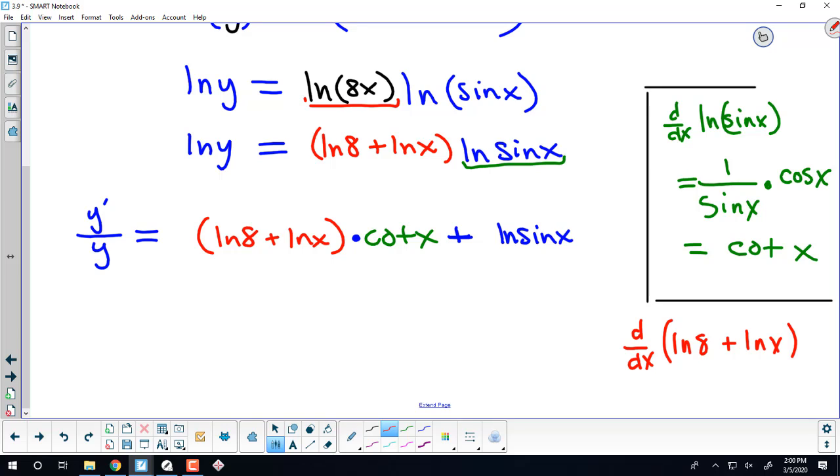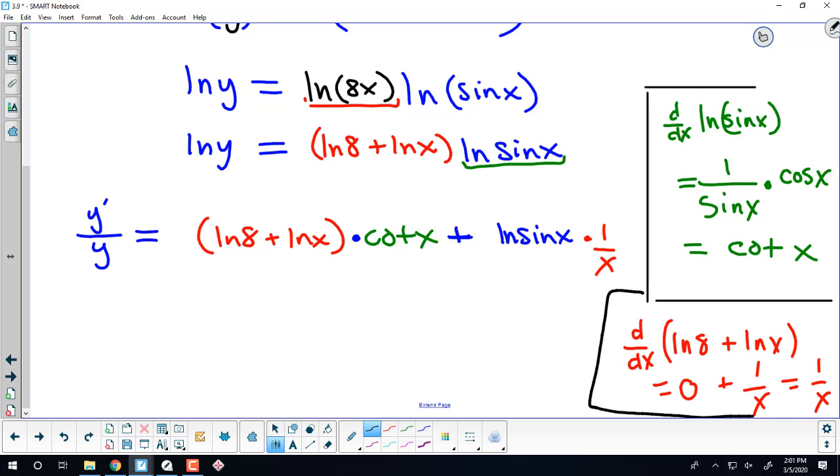The derivative of that is 0. The derivative of ln of x is just 1 over x. So the derivative of the second is 1 over x. It doesn't look that great, but the function was pretty complicated.